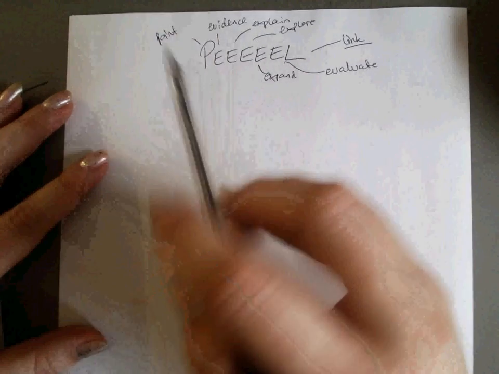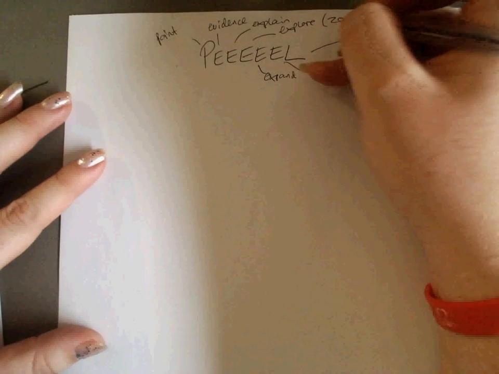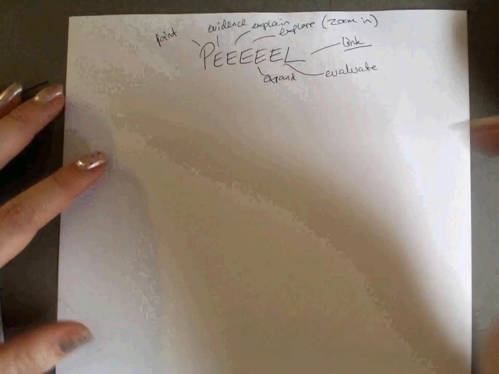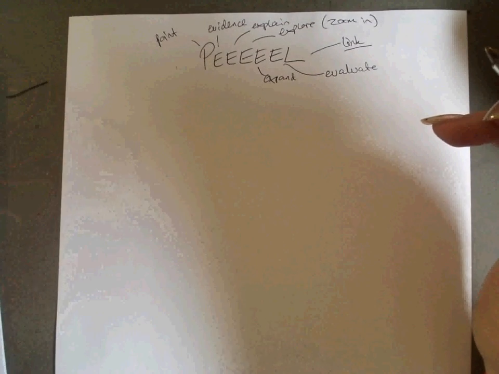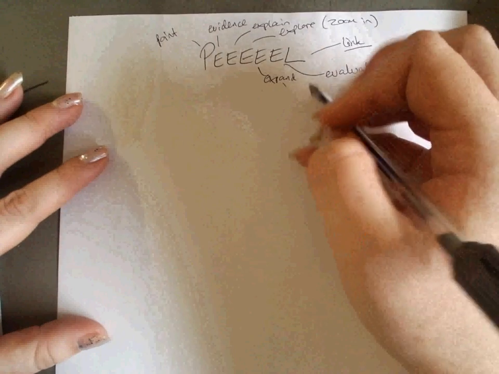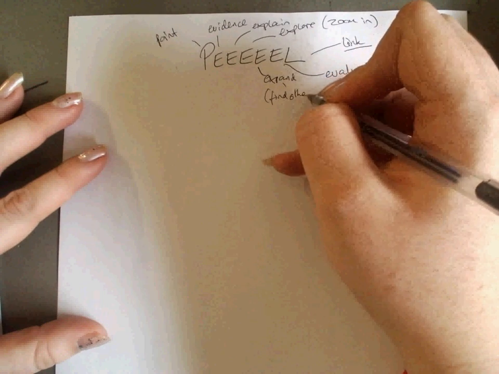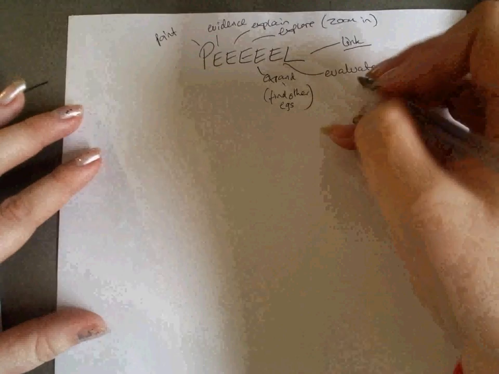So point, evidence, explain, we know, but then explore, by which I mean, really zoom in on individual words, really think about the significance of a specific word. Then expand. By expand, find other examples from the text to support what you're saying.